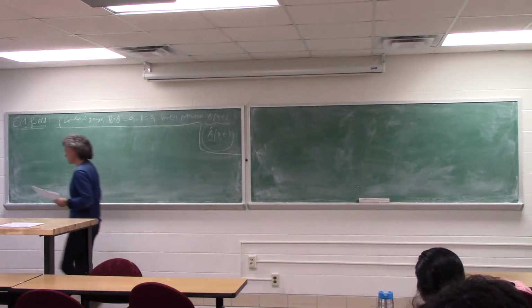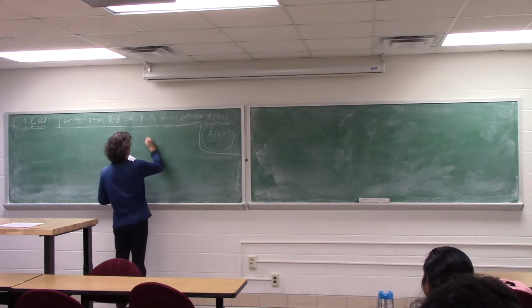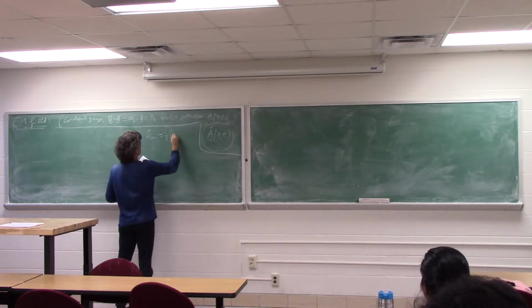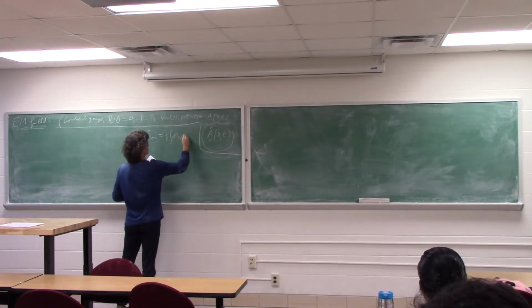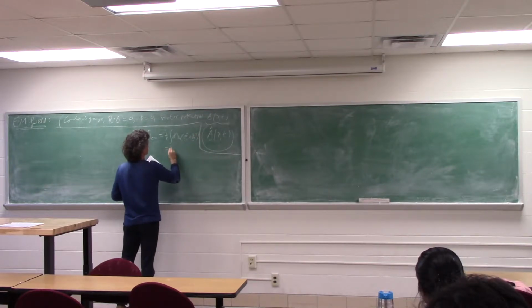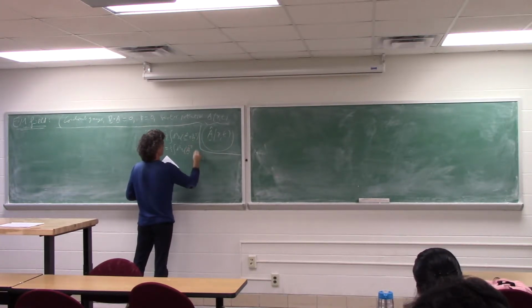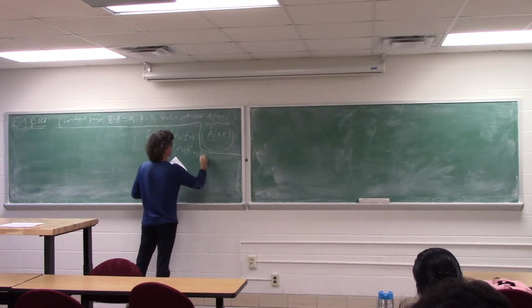Now, when you do the quantization, you know, of course, that the Hamiltonian of the electromagnetic field is proportional to E squared plus B squared. In the Coulomb gauge, this is just A dot squared plus the curl of A squared, as an operator.